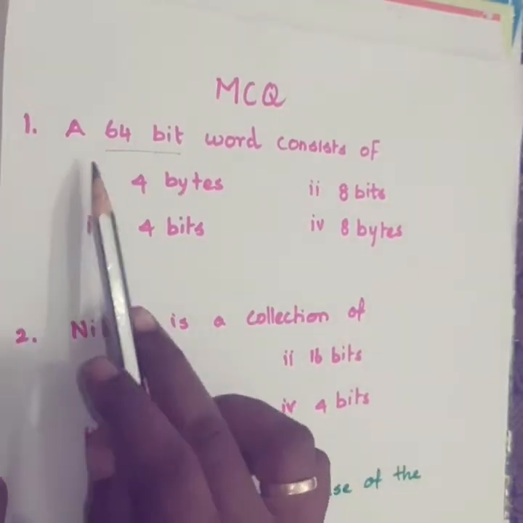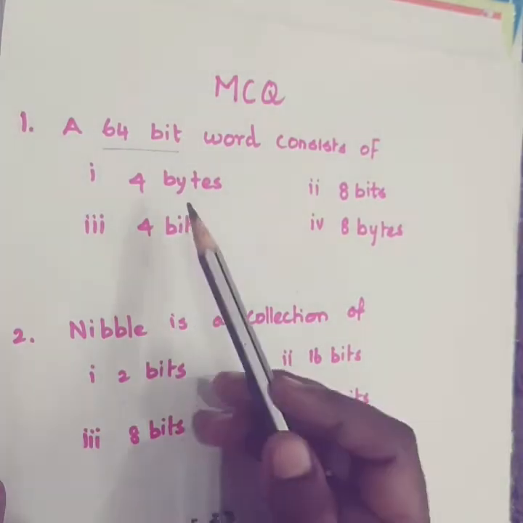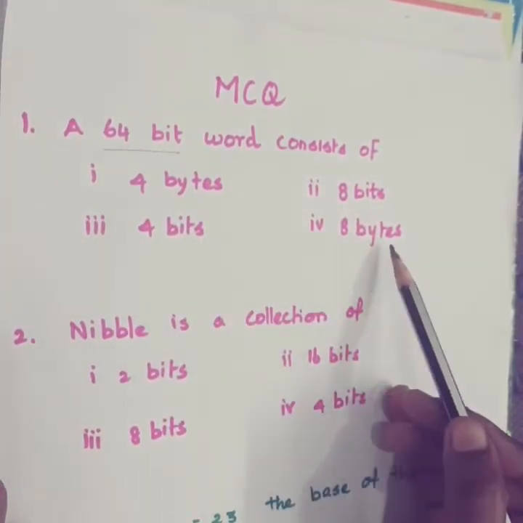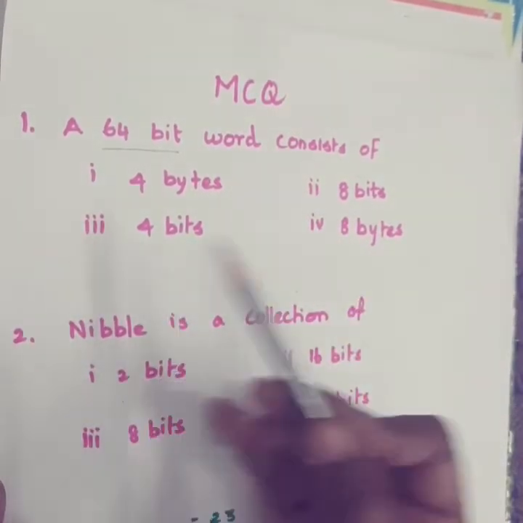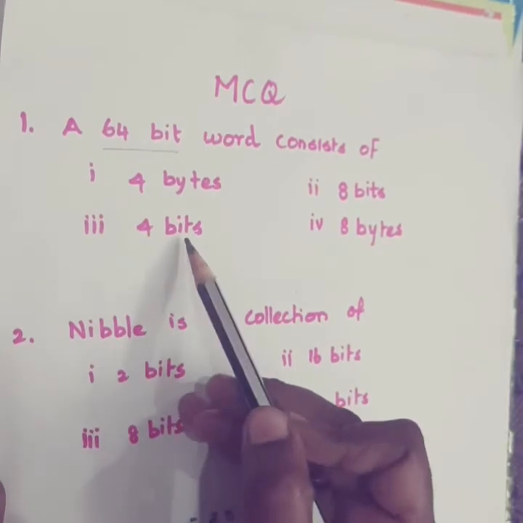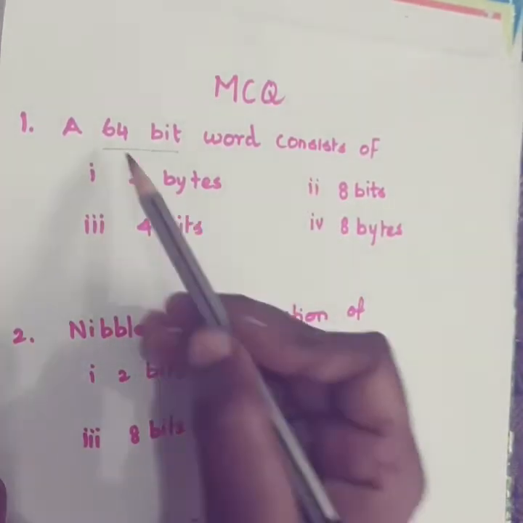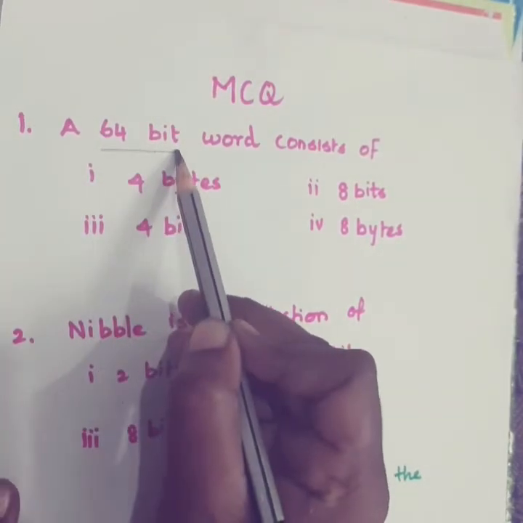So first question, a 64-bit word consists of what? The options are 4 bytes, 8 bits, 4 bits and 8 bytes. So the second and third options, that is 8 bits and 4 bits, definitely will not be correct, because in the question the length of the word is 64 bits.